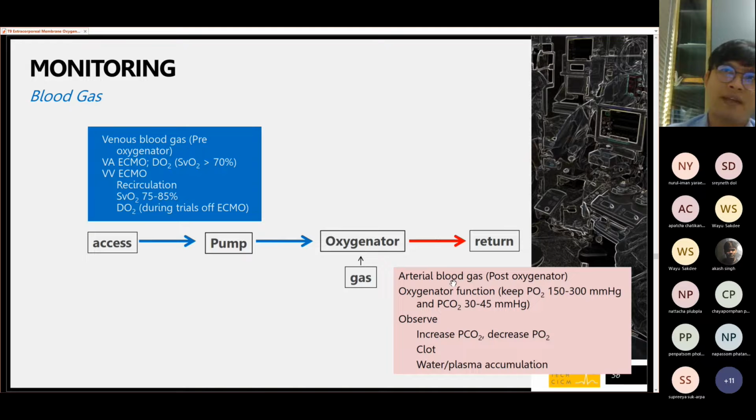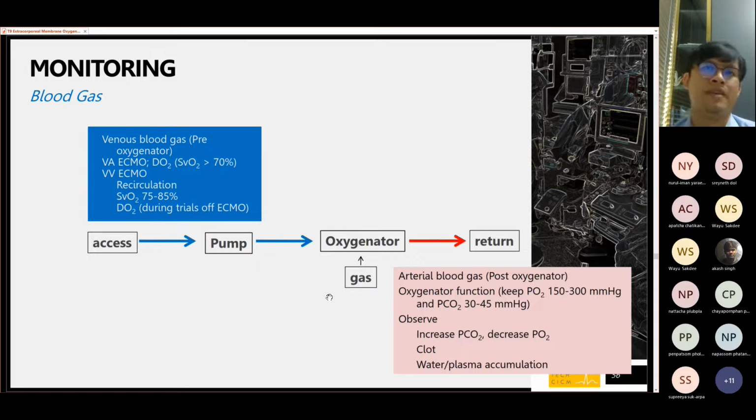So arterial blood gas is going to show you the parameters like this, and we need to observe whether PCO2 tends to increase and PO2 decreases. That may be related to malfunction of the oxygenator, maybe caused by clot, or plasma or water accumulating in the oxygenator.